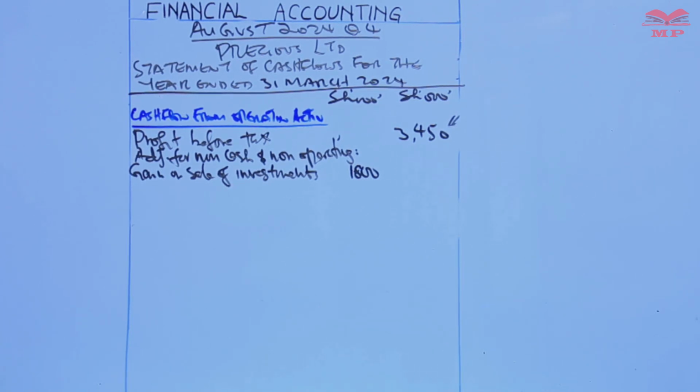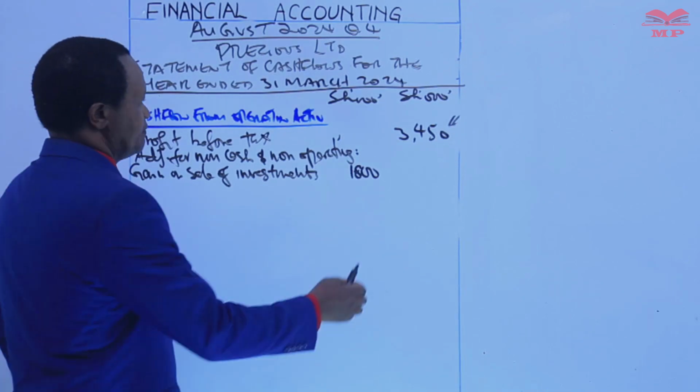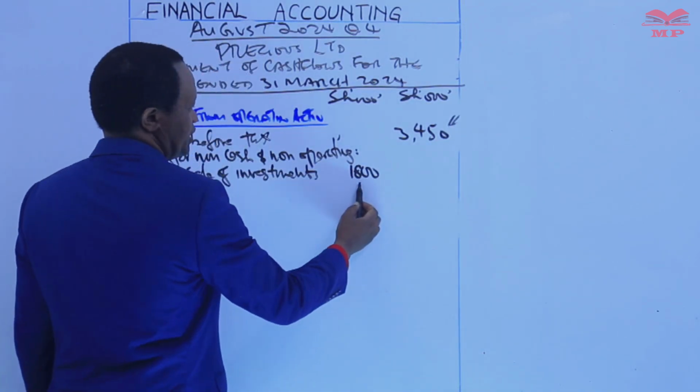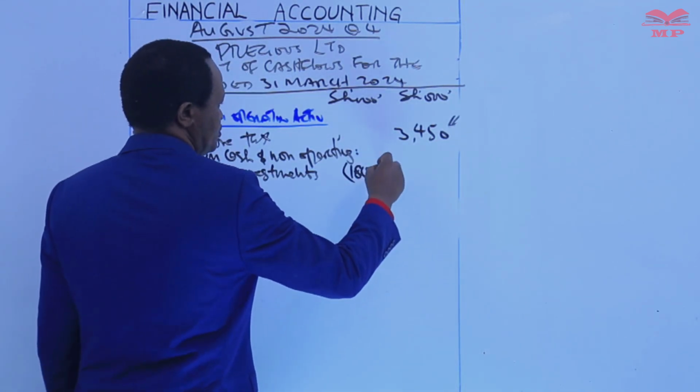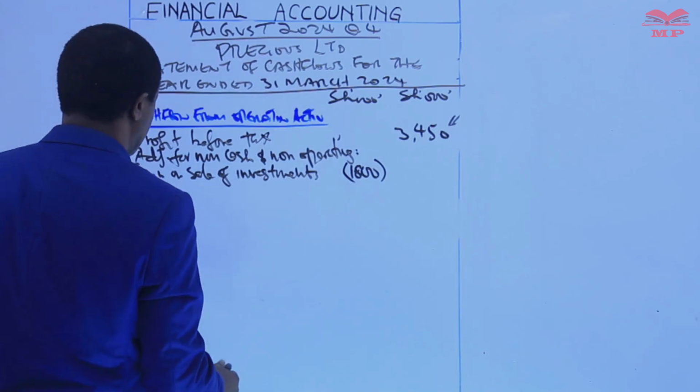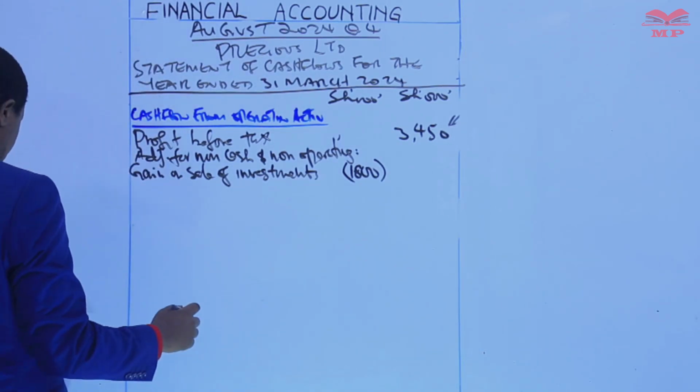It was initially added because it's a gain. Gain on sale of investments you add to the profit. Given that it is a non-cash item, it increased this profit by 1.8 million, and therefore we have to remove it.